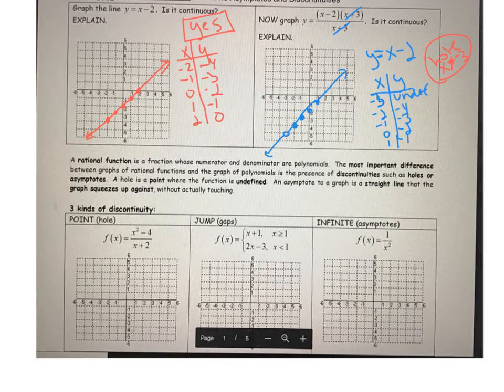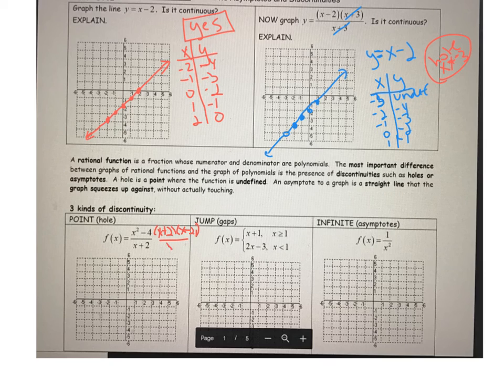So let's find the hole on this first rational expression. We have f of x equals x squared minus 4 divided by x plus 2. Let's take a look at that numerator, and we can factor. 4 is a special kind of number, so this is a difference of squares. The square root of 4 is 2, so this would be x plus 2 times x minus 2.